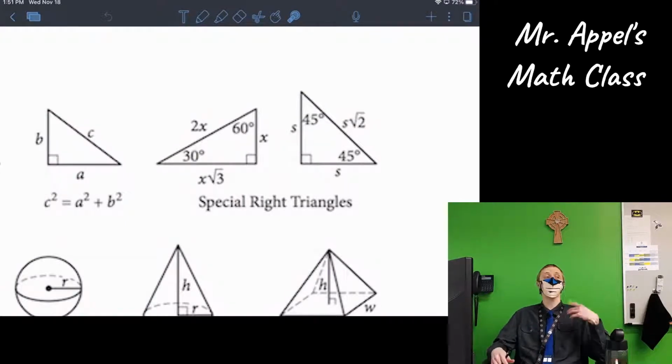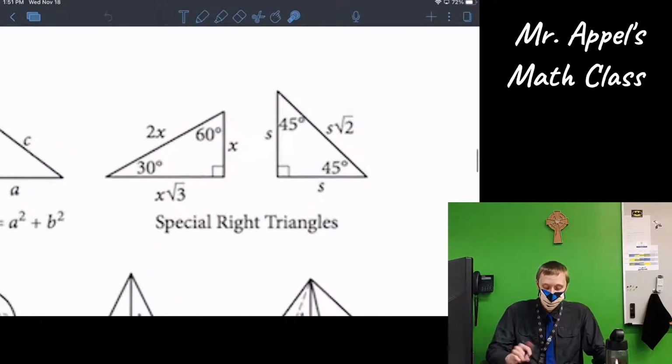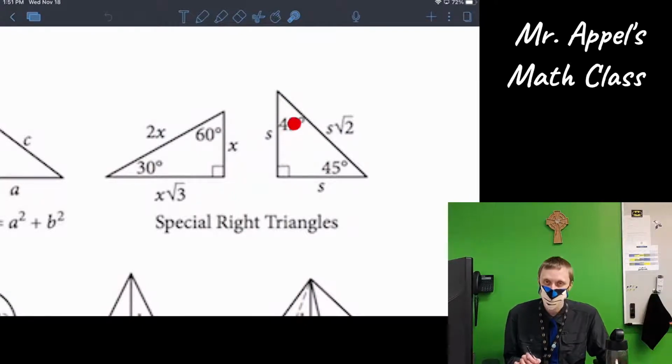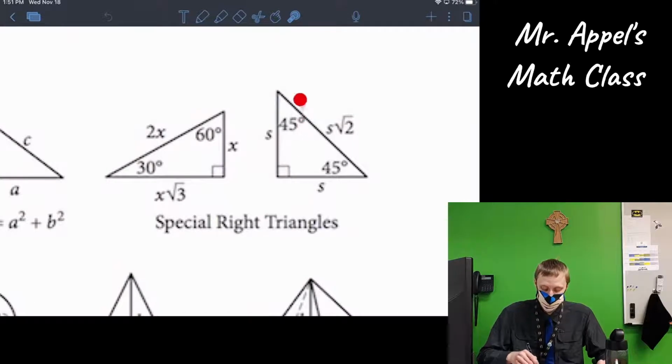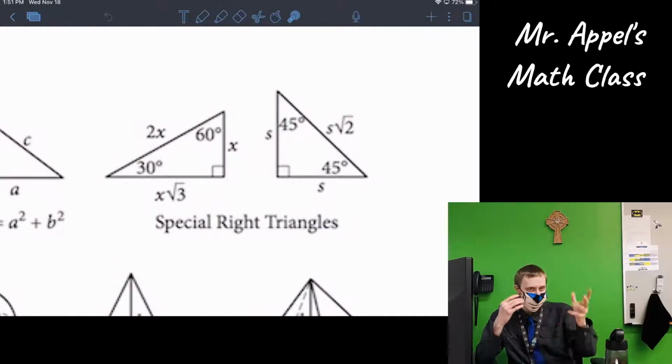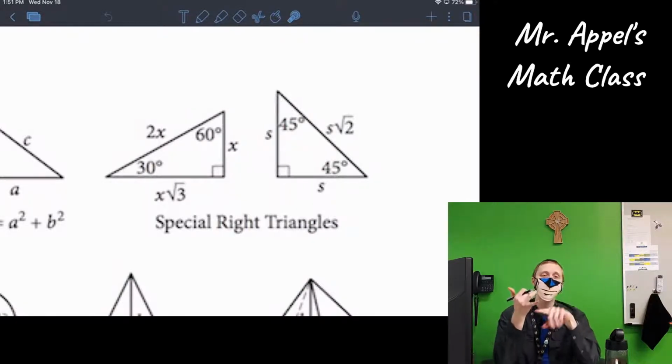You just need to be able to use it, which means whatever side they give you, whatever S, this was 5, well, then the hypotenuse is 5 times the square root of 2. Right? This angle is 45, this one's 90. Triangle sum is enough to tell this has to be 45. But if you can recognize immediately the pattern of, hey, this is a special right triangle, that'll save you time, because you won't have to calculate the triangle sum.